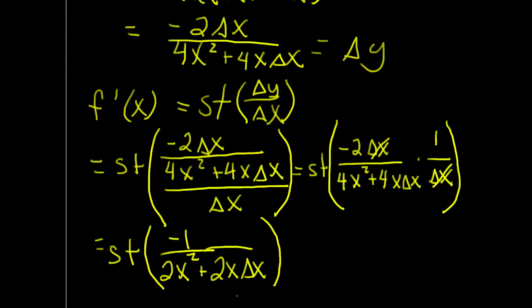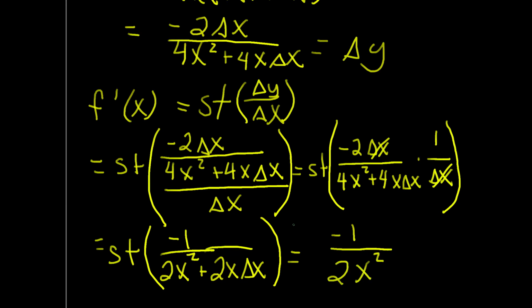And now this is not an indeterminate form. The top is finite, as is the bottom, since x is real and delta x is an infinitesimal. When we slide the standard part through, the numerator will be negative 1. This will be 2x squared, and because of the product here, the standard part of this is 0. So we get left that the derivative is equal to negative 1 divided by 2x squared.